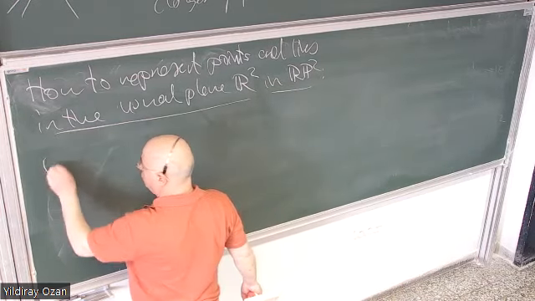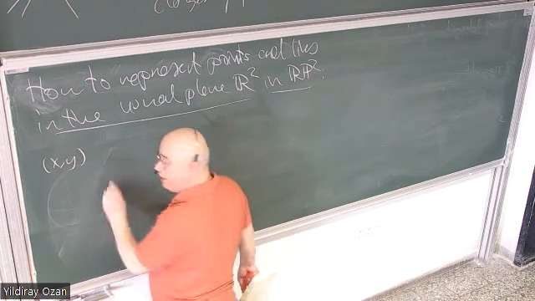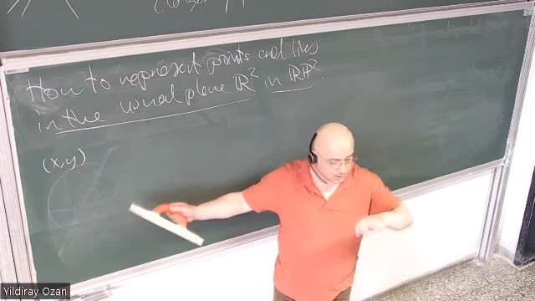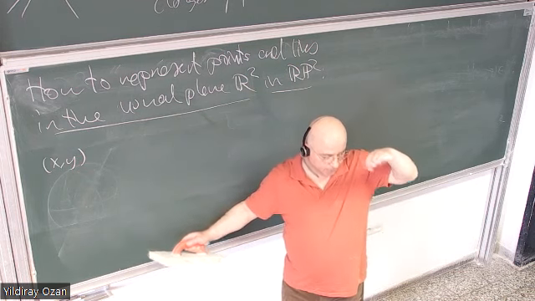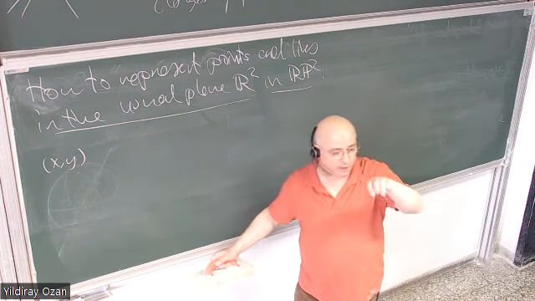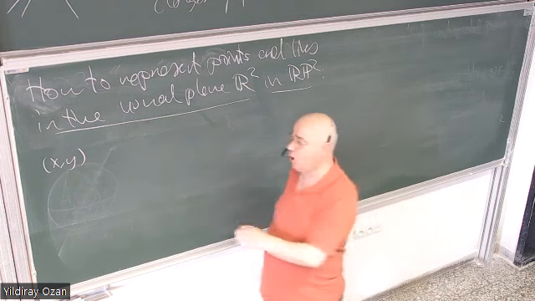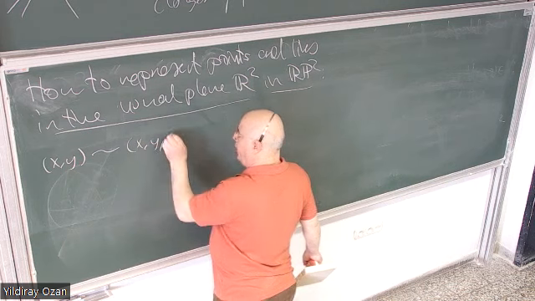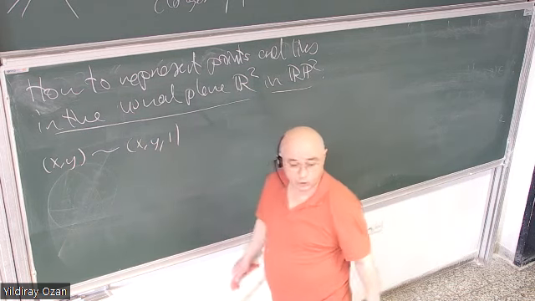Pointleri yapmayı biliyoruz. So if you choose a point x, y, we consider this point in the plane xy and the z coordinate is 1. So this corresponds to the point x, y, and z equals 1.